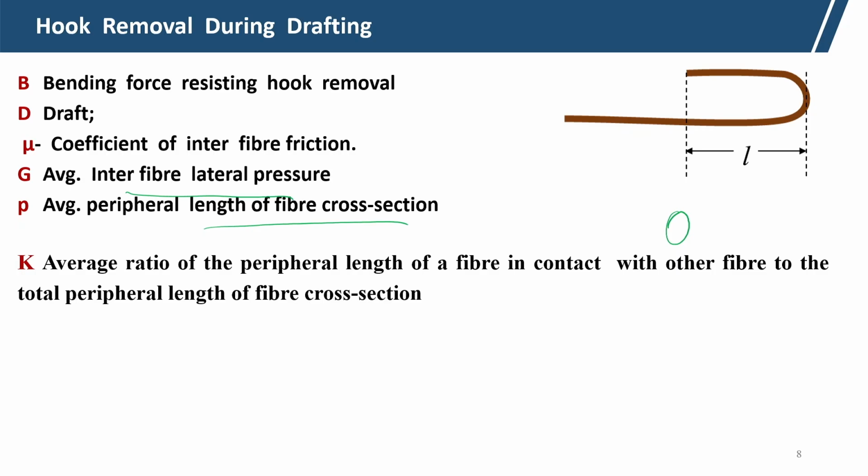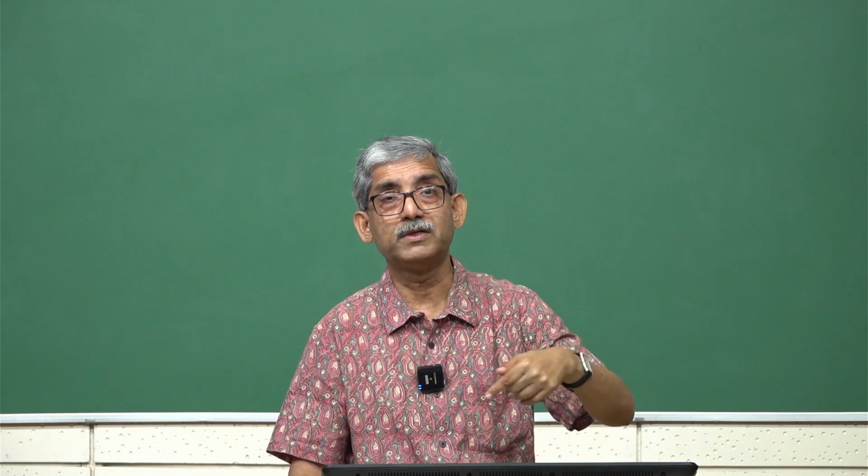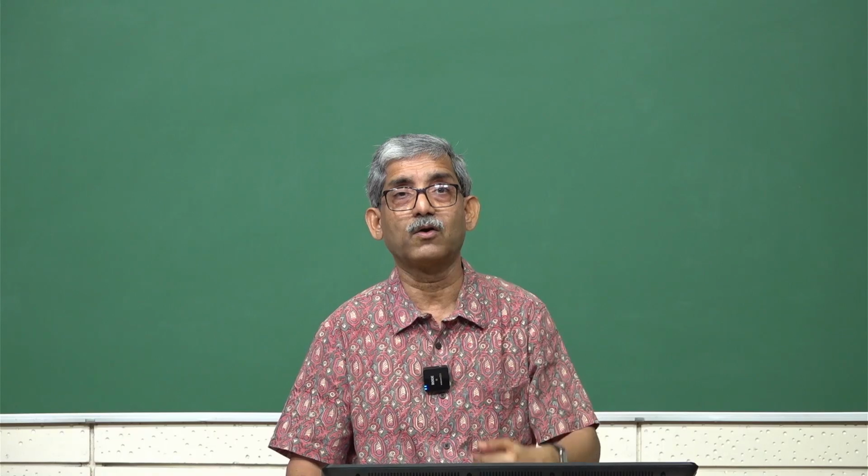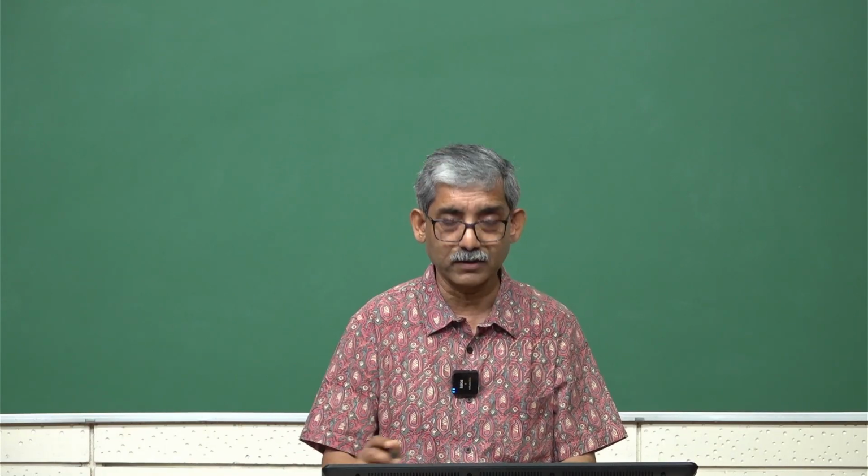K is the average ratio of the peripheral length of the fiber in contact with other fibers to the total peripheral length of the fiber. Suppose the total peripheral length of the fiber is something, but in the total peripheral length, only part is effectively in contact with other fibers.